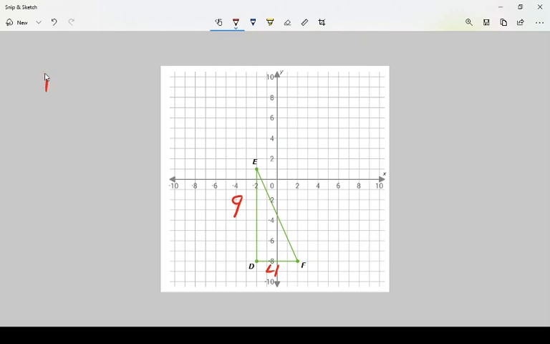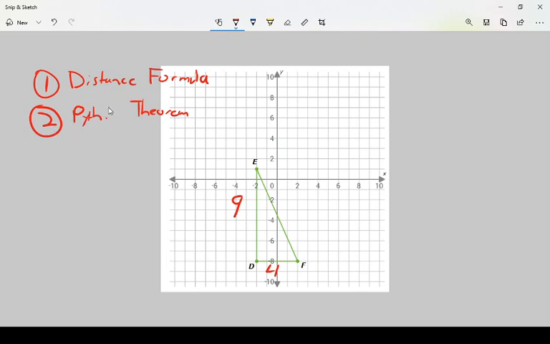The first way, we can use the distance formula. And number two, we can use Pythagorean's theorem.